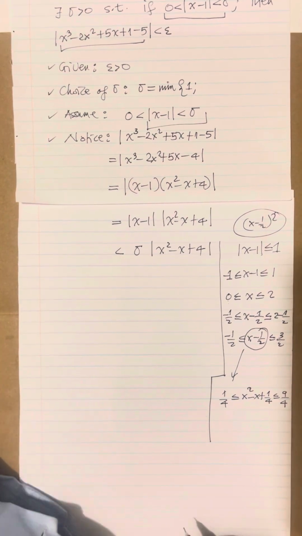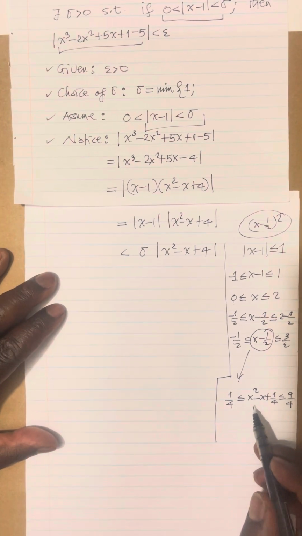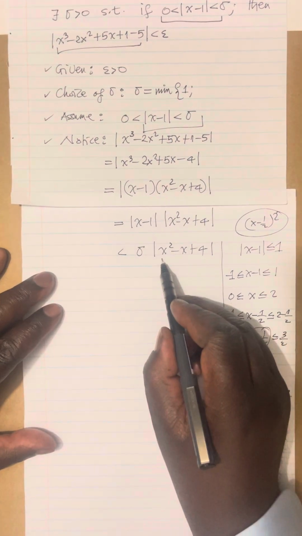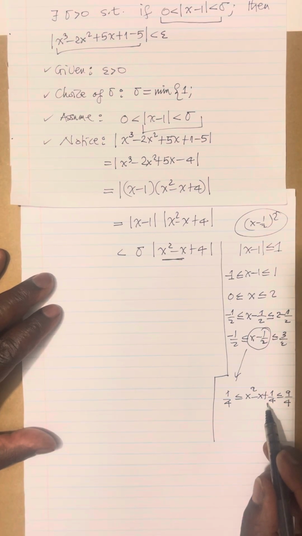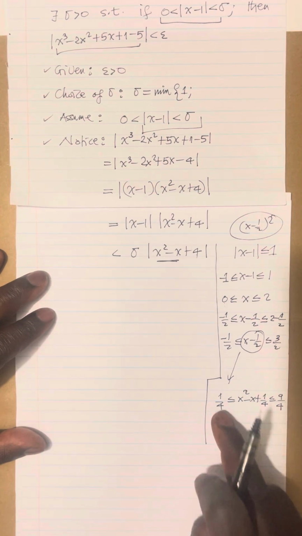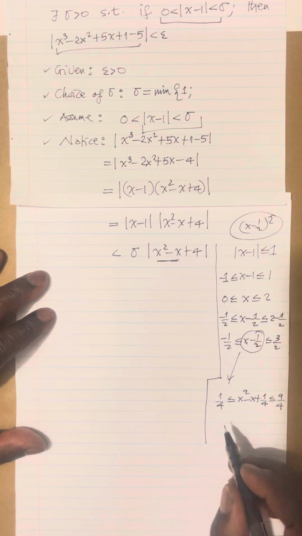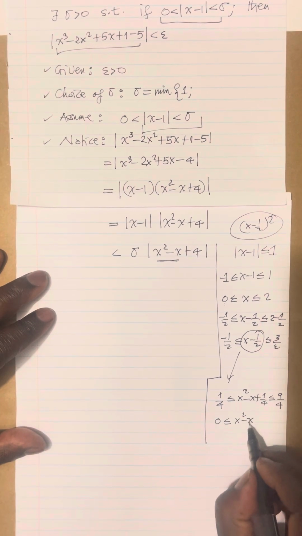Now I'm getting somewhere because I see x squared minus x, which is this part here. But I have a 4, so I have to get rid of the quarter here. Subtract a quarter there, there, and there. Removing a quarter here, I get 0. Removing a quarter here, I get x squared minus x.